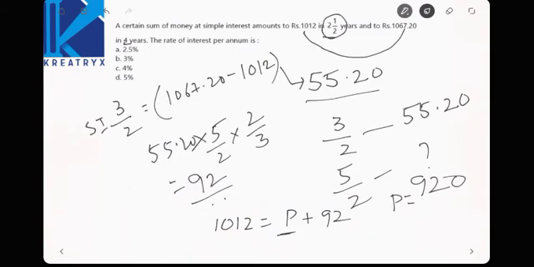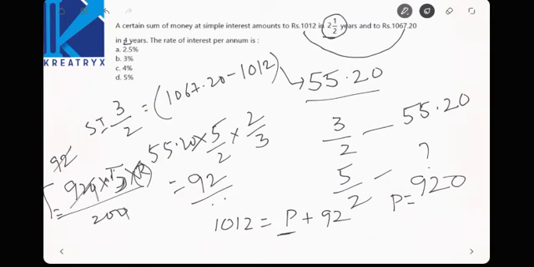See here, PTR by 100, 920 into time period is how much? 5/2, rate of interest R by 100 is equal to, interest is 92. Interest is 92. Now what will be R upon simplifying? See here, 10 gets cancelled, so R will be how much? 4%. See the calculations keenly. Okay, this is 920.